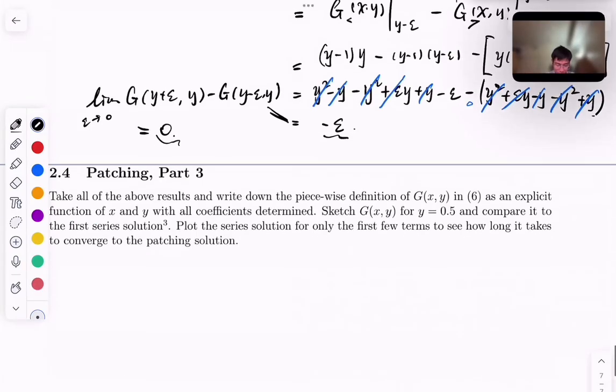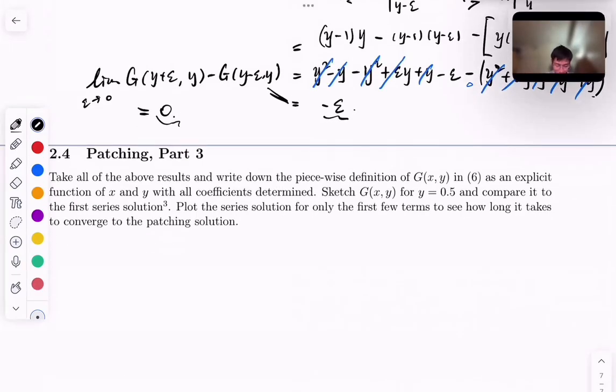Okay, and part 2.4. Take all the above results and write down the piecewise definition of the Green function in 6, with explanation of coefficient determined, sketch for y equals 0.5 and compare to the first series solutions.